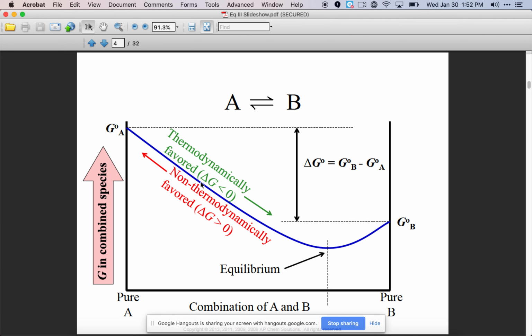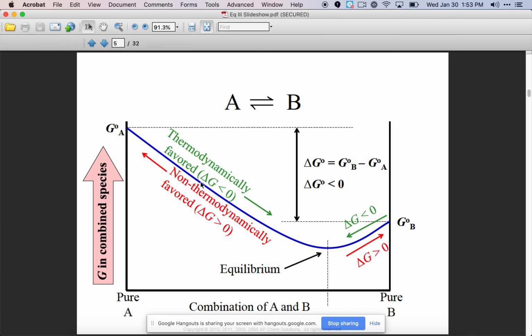Going down the ski slope, when you hit the bottom of that ski slope, that's where G is 0. Does anybody have any questions on this slide? Okay, we're all right with that?